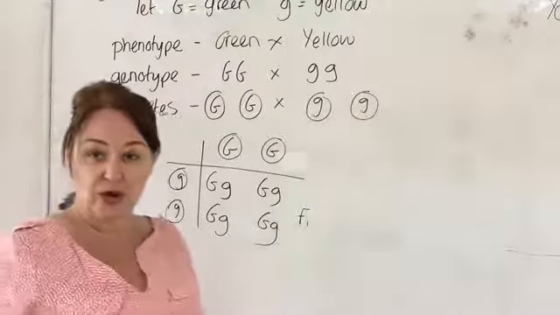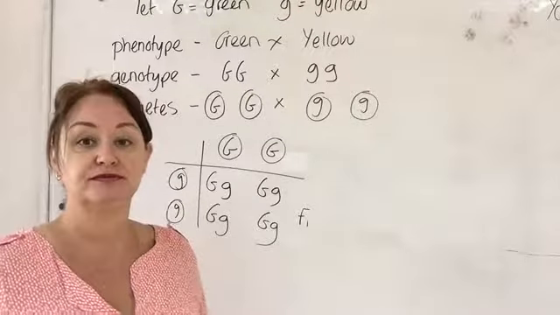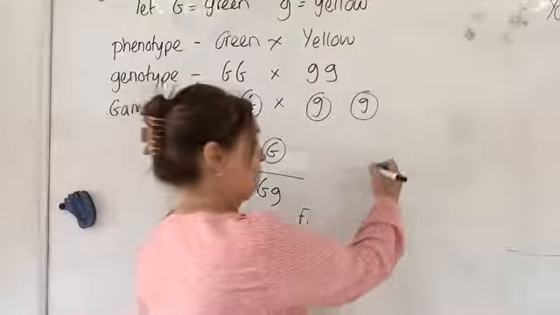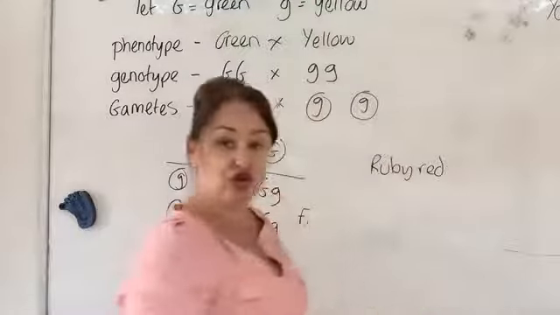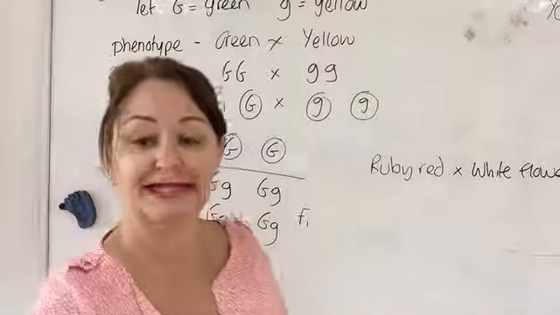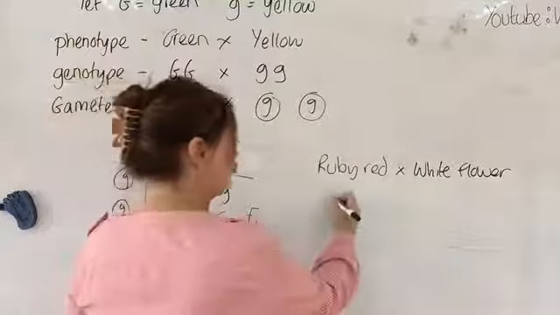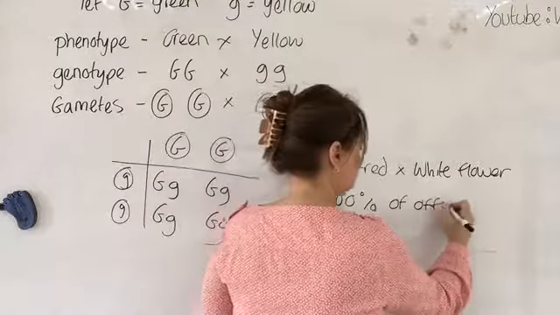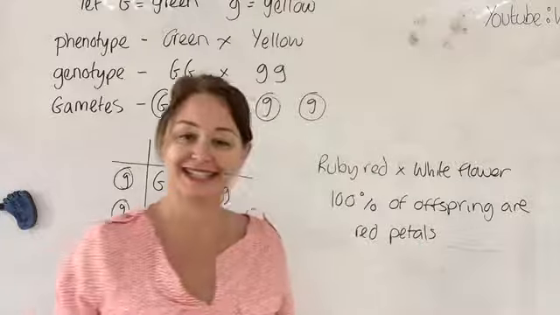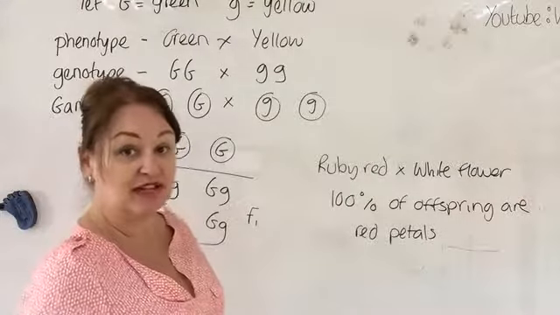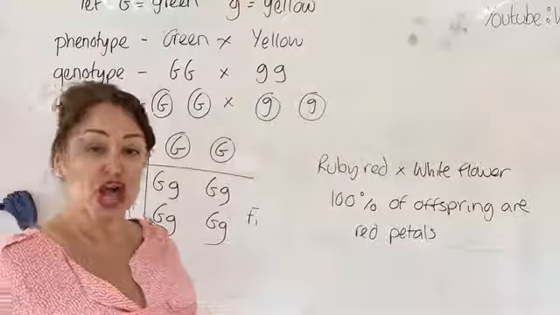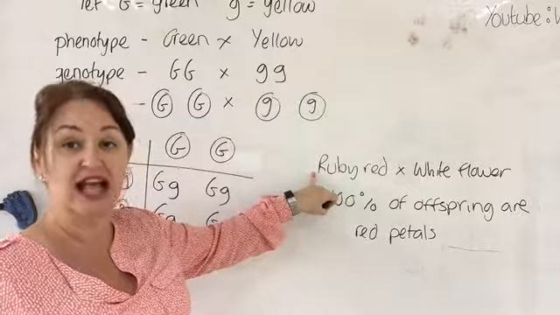So therefore, in a question, if you've got a plant, for example, and go back to the ruby red flower, and it tells you that it takes the ruby red and it crosses it with a white flower, and it tells you that 100% of the offspring are red, or have red petals, and it asks you what are the likely genotype of the parents, well, you would know that when you cross a pure breed with a pure breed, this is actually a homozygous and not a heterozygous.